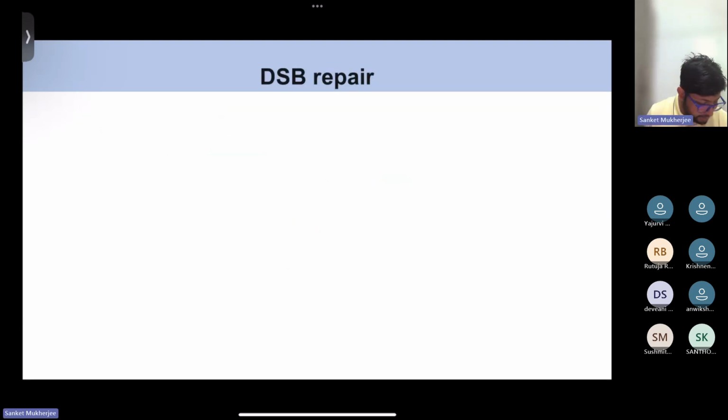Fine. Similarly, for double-stranded DNA breaks, this is very simple. If this is the double strand, these DNAs are broken like this. There are two ways by which this kind of break can be repaired.